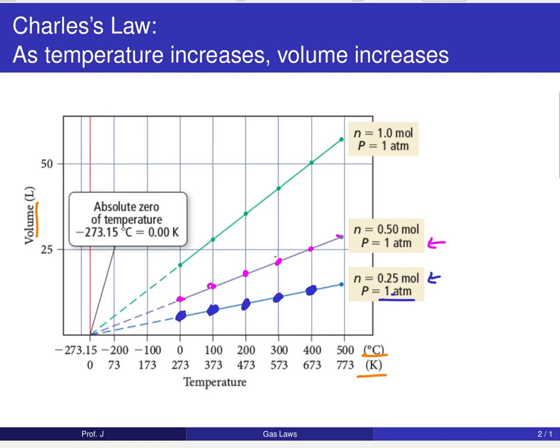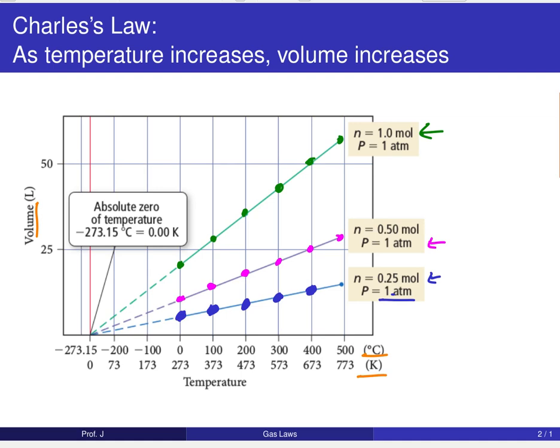But once again, all of these points are falling along a nice straight line right here, the purple line. Okay, and lastly, if we double the number of moles again, bring it all the way up to a full mole of gas particles, of course, the volume is even higher now, but all of those given measurements are falling right along a line. Okay?